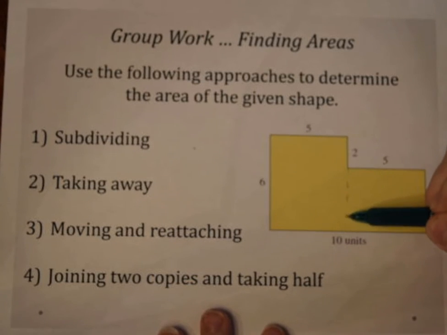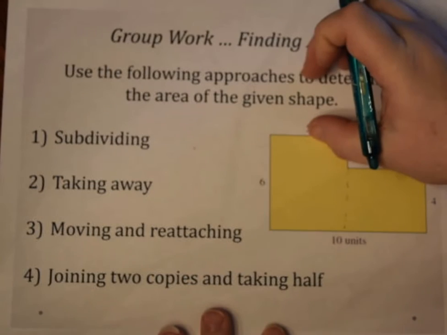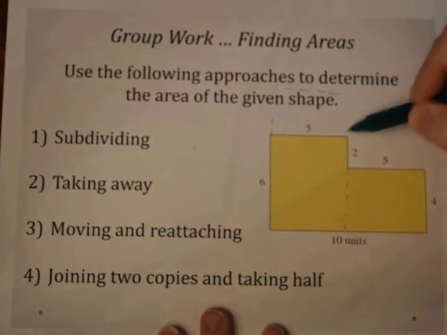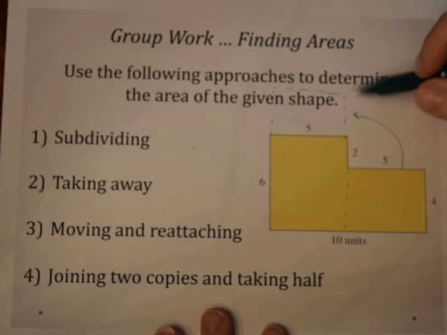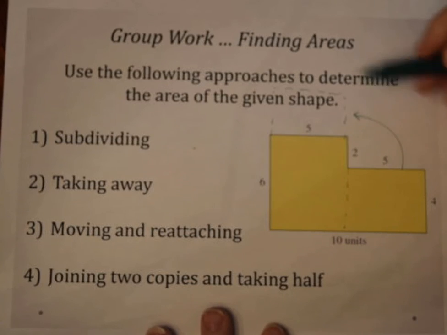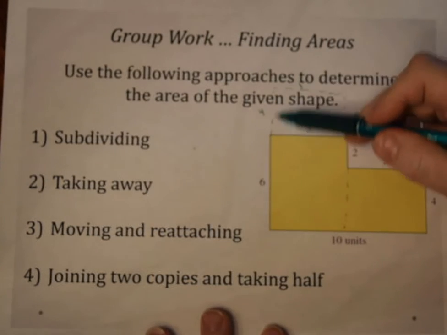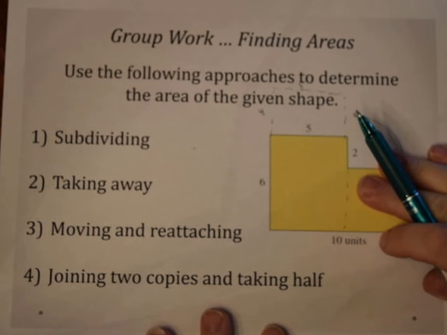If I cut this down here and take this shape and plop it on top, it would come up here like this. So this is now up here. And so what is this? 4 by 5. And so now we really have 10 by 5 because this is moved up. And so we could find the area that way.